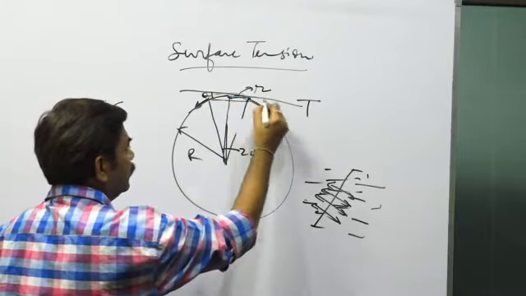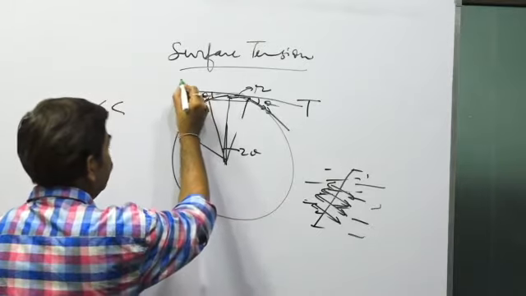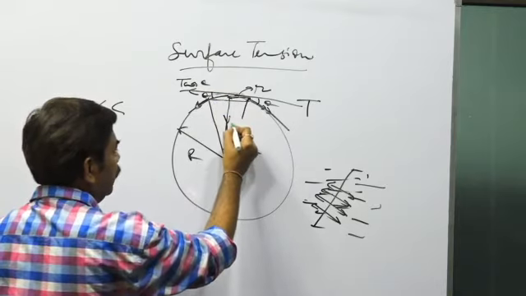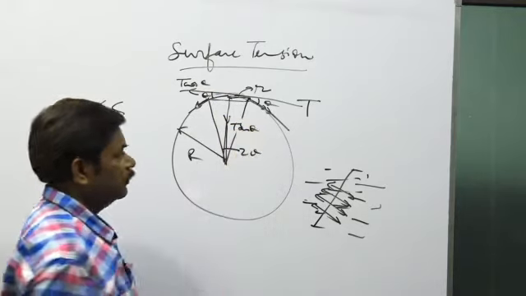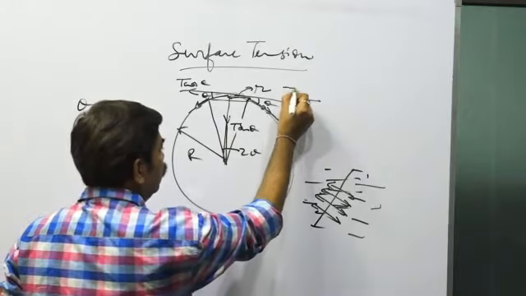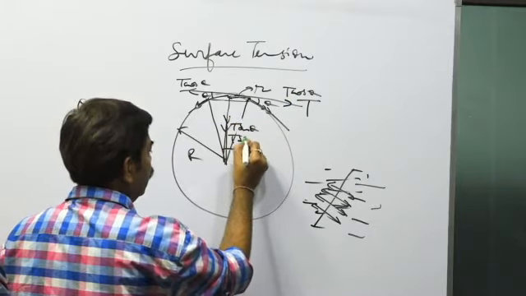The component of T along this direction will be T cos theta, and the component of T towards the center will be T sin theta. The same is true for this T also.